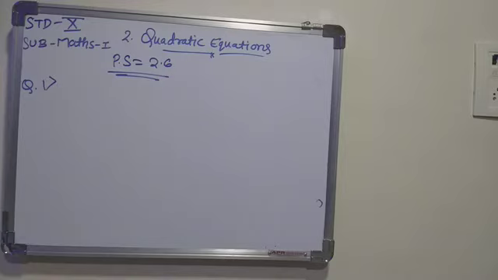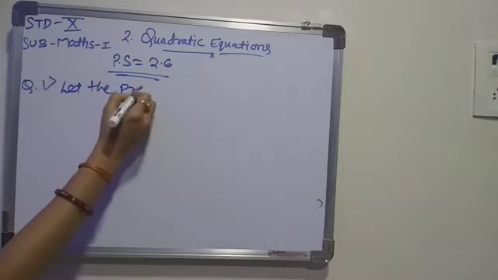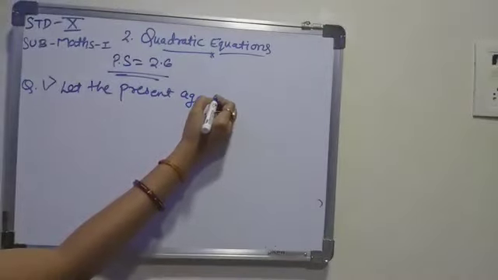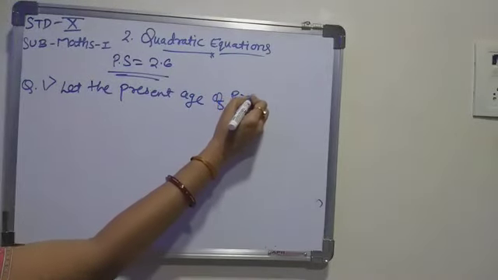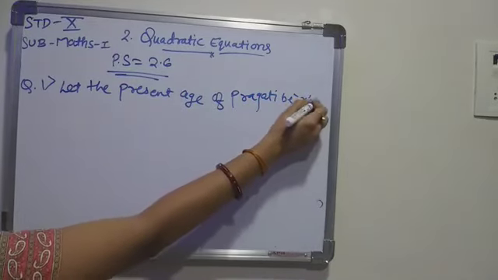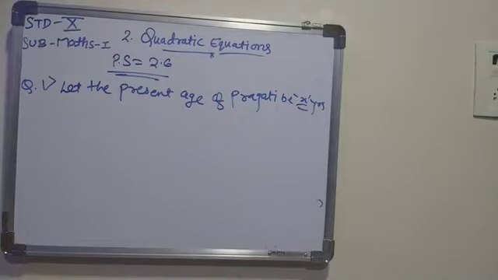So first we are going to assume, let the present age of Pragati be x years. Clear? So Pragati's present age is x years.